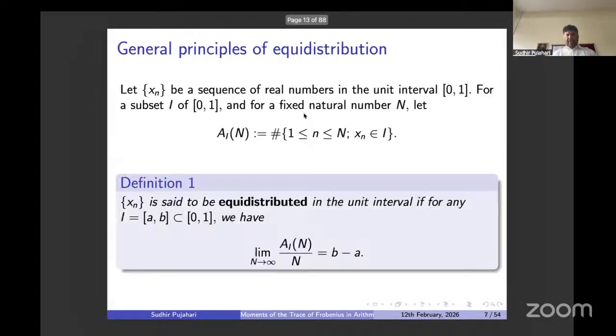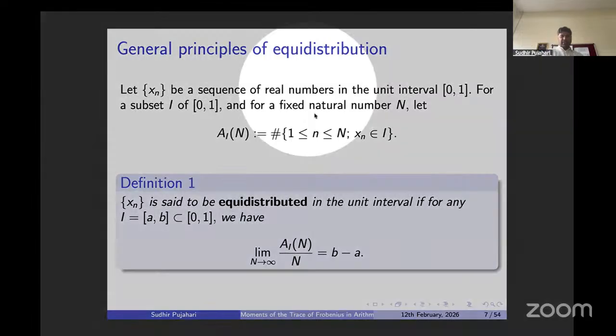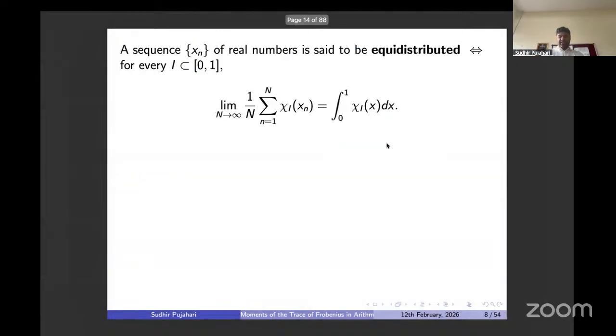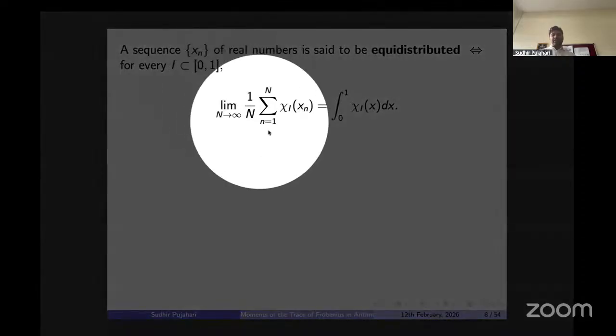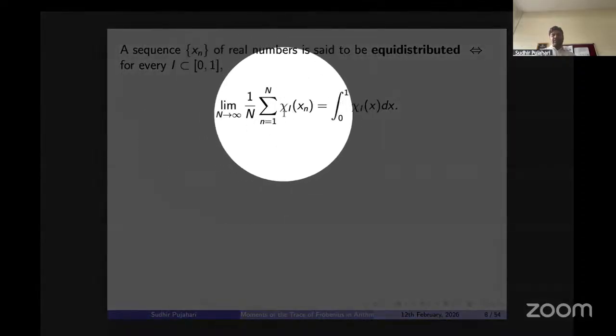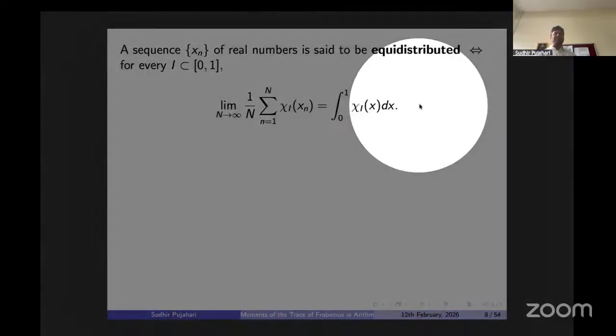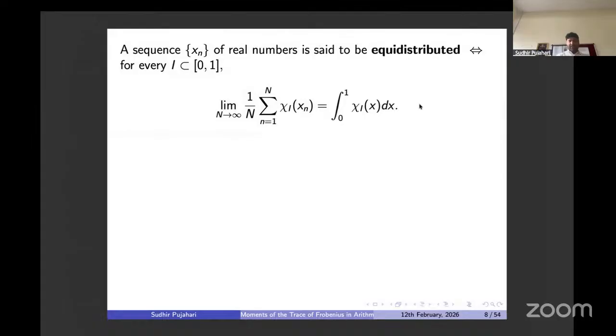So basically, in order to show something is equidistributed, we had to count this A(I,N), the number of n such that x_n belongs to I. Rather than doing that, we'll write it in terms of a sum. In other words, the definition can be rewritten: a sequence x_n is equidistributed in the unit interval if and only if the following limit over this characteristic function is precisely the integral of χ(x), and this is precisely the length of the interval on the right hand side.